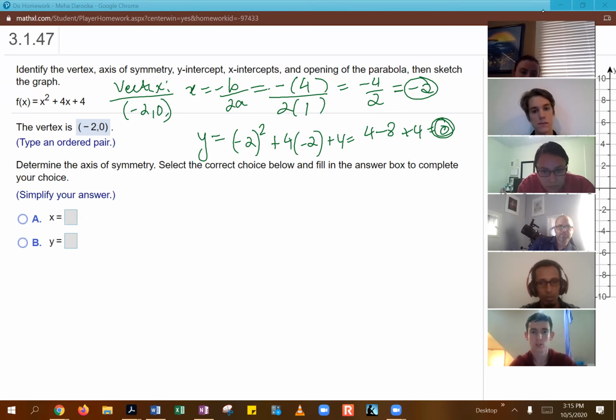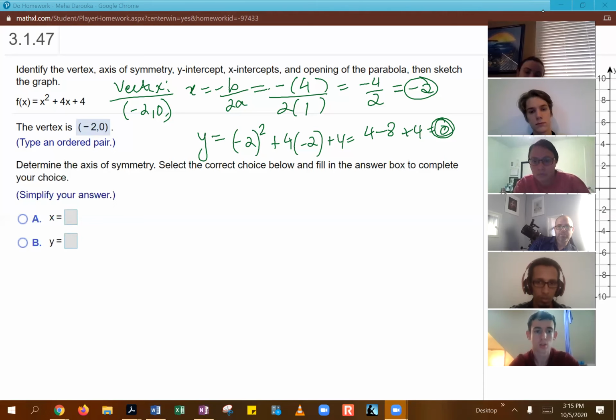It's a line, so you are writing an equation. We know the axis of symmetry is going to be a vertical line. Okay, Oliver, you are saying it's got to be B. Nathan, you're saying A. Shayna, you're also saying A. Yeah, because Oliver, since this is a vertical line, it's always going to be in x equals format. So it is going to be part A.